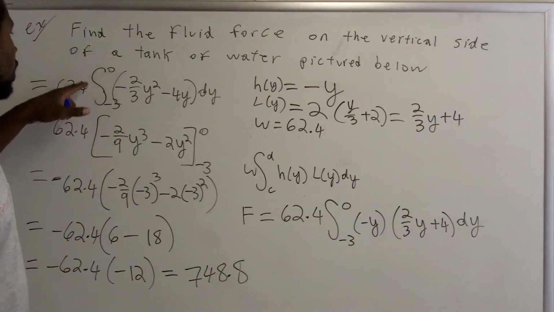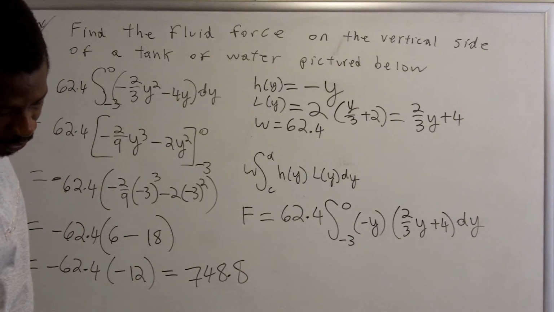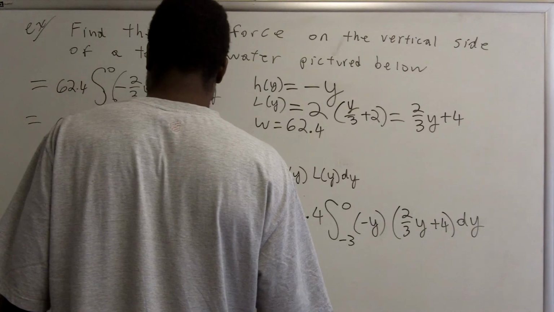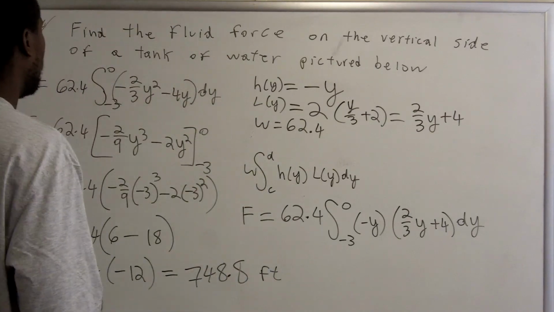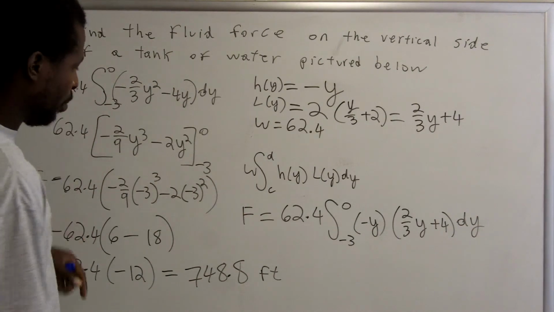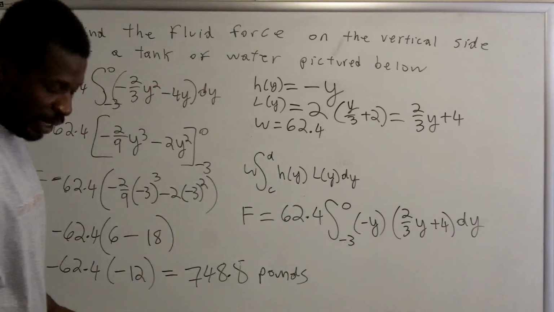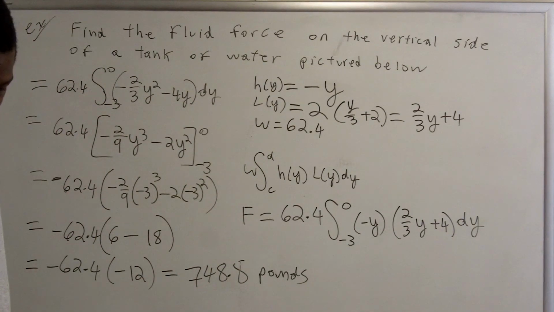Everything here is in feet, and this is in pounds per cubic foot. So this is in pounds. Yep, so that's 748.8 pounds. We're not calculating work, we're actually calculating the fluid force. So there you have it. That is the first example of fluid force.